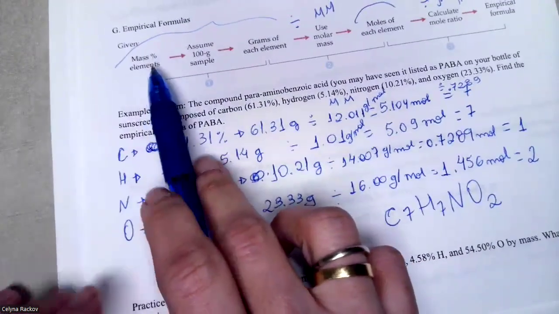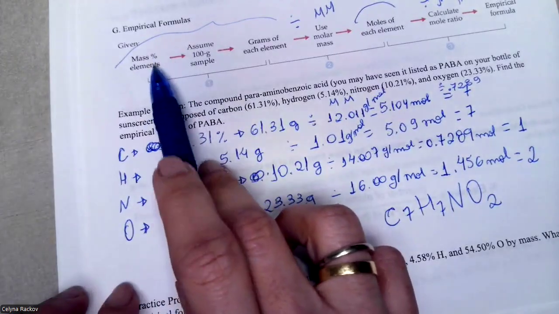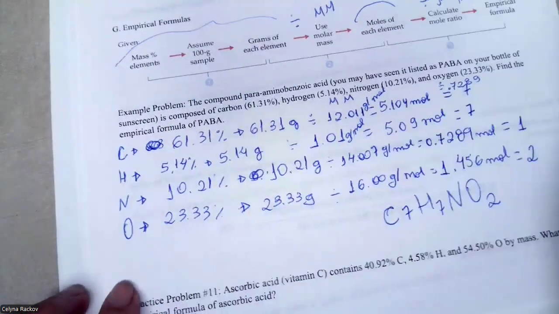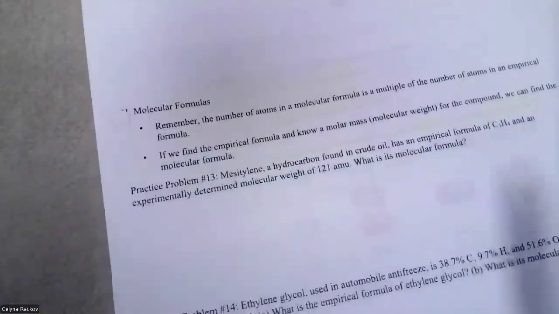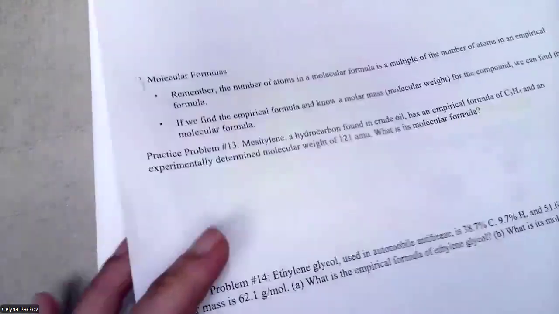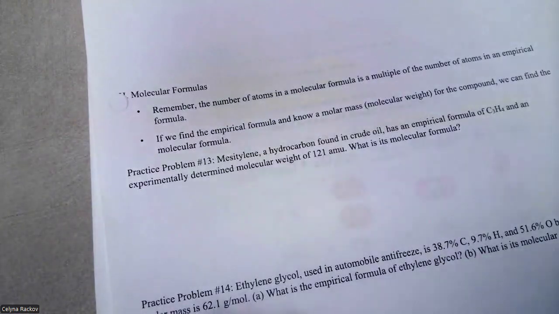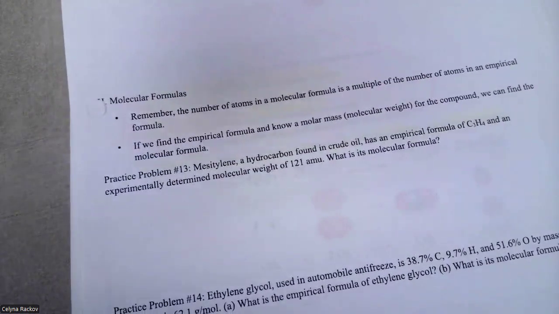So remember, if you see a gram percentage, we convert it to grams using the same value, just changing the unit. The last topic for this portion, chapter 3 part 1, is about molecular formula.